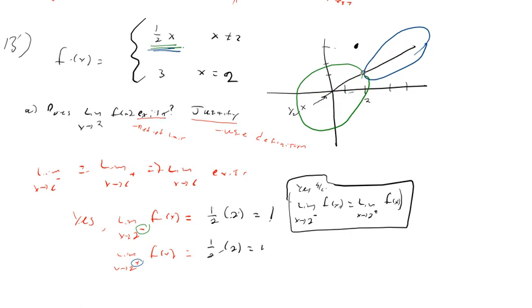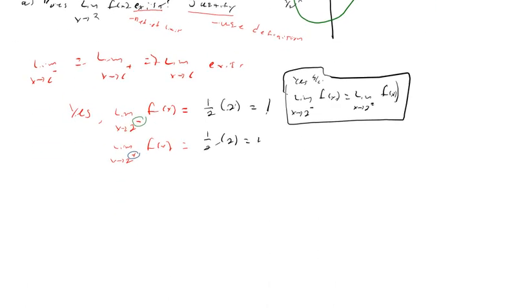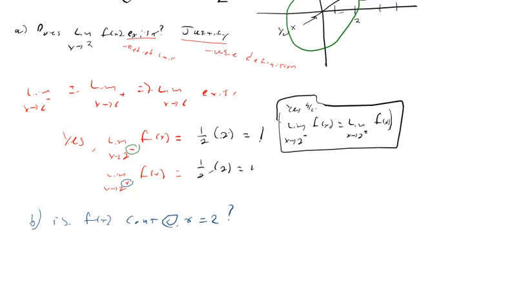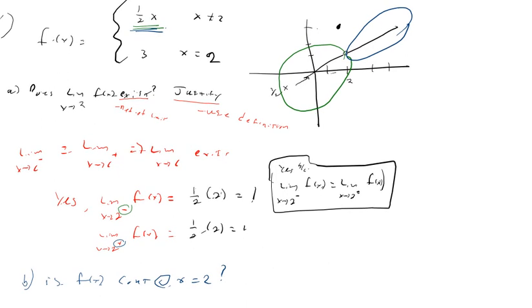Okay. Part B: is f of x continuous at x equals 2? Is the function continuous at 2? And it says, again, use the definition to explain.